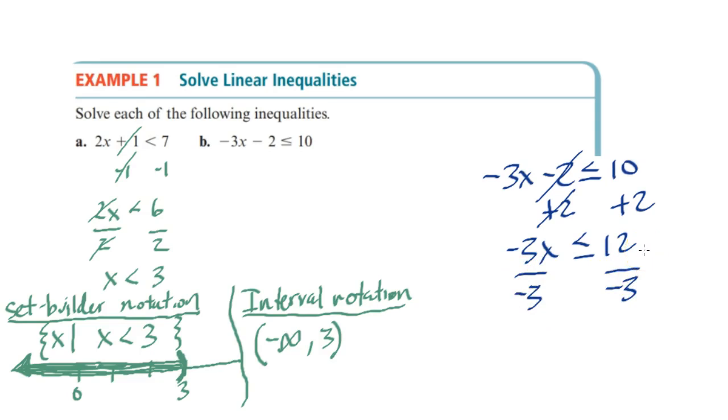Now here's the thing to keep in mind. When you multiply or divide by a negative number, you have to switch the inequality. So this becomes greater than or equal to. It goes from less than or equal to, to greater than or equal to. This becomes negative 4 and x. So x is greater than or equal to negative 4.